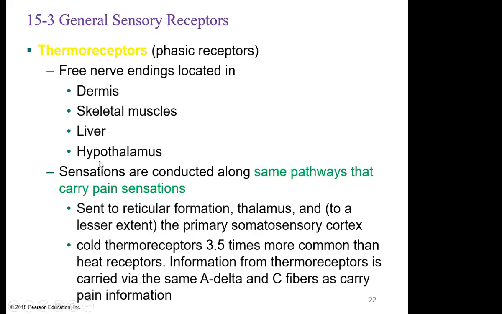We've got these in multiple different places in the body, and these sensations are conducted along the same paths that carry pain. So temperature and pain are going to go in the same pathway. Cold receptors, highlight 3.5 times more common than heat. 3.5 times more common than heat for our cold receptors.